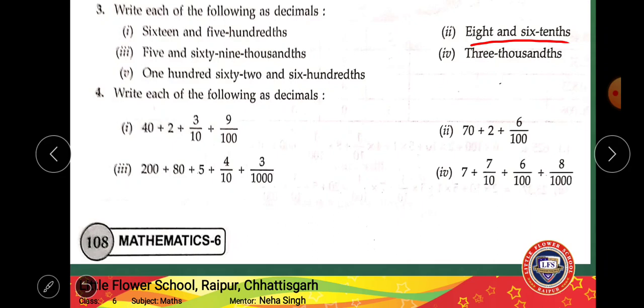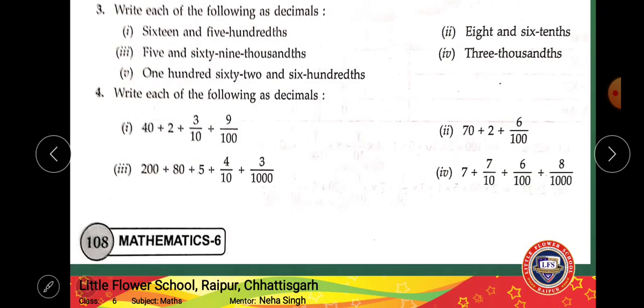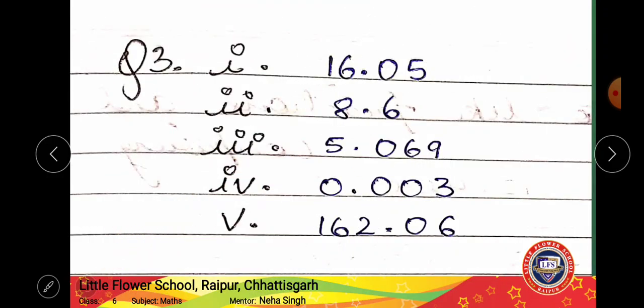See now, 69 thousandths is given, tenths place is not given, right? So here it was 50 and 69 thousandths, tenths place is not given, so I have written 0 and 69 thousandths, right?